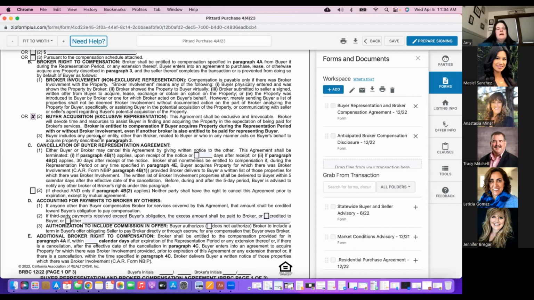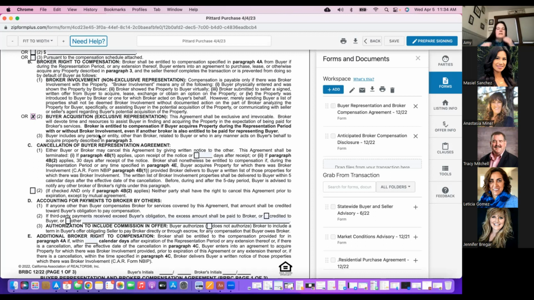So it's going to be this agreement shall be terminated if paragraph 4B2 applies 30 days after receipt of the notice. Okay, so if we've checked that box for 4B2, right, and somebody wants to cancel this, it's 30 days after they give us the cancellation that the cancellation goes into effect.